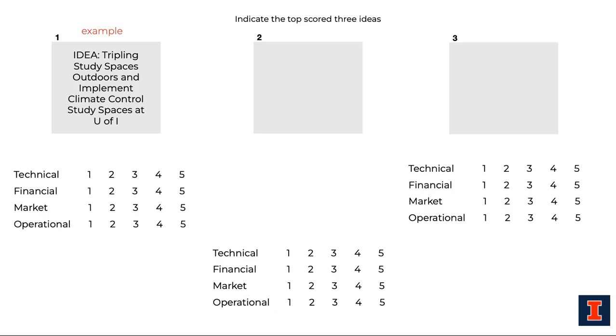And you can rank your idea based on how feasible it is in that area, 1 being the lowest feasibility and 5 being the highest feasibility. So this can help you determine which idea will best work in practice and allow you to elaborate and focus in on that idea before creating a prototype.